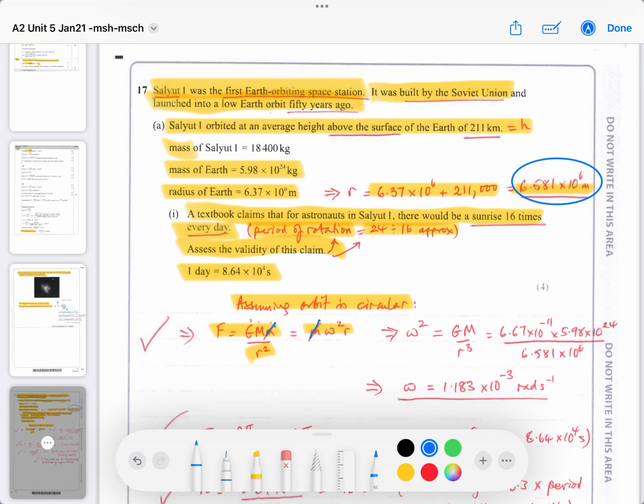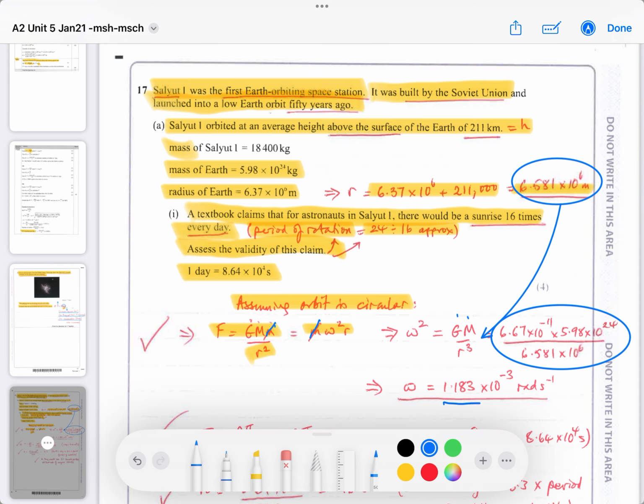And we know G, and we know M. So all you've got to do is put r into that value there, and you get omega squared. Then you can square root it. So if you want to get omega, you've got to square root all of that. So it's just number crunching.